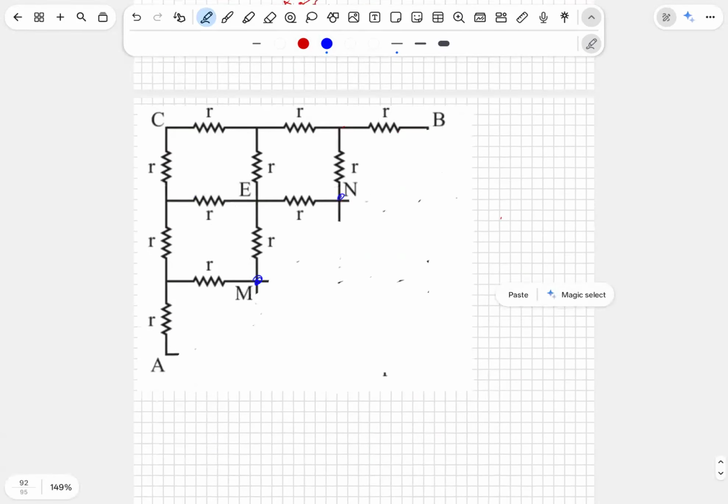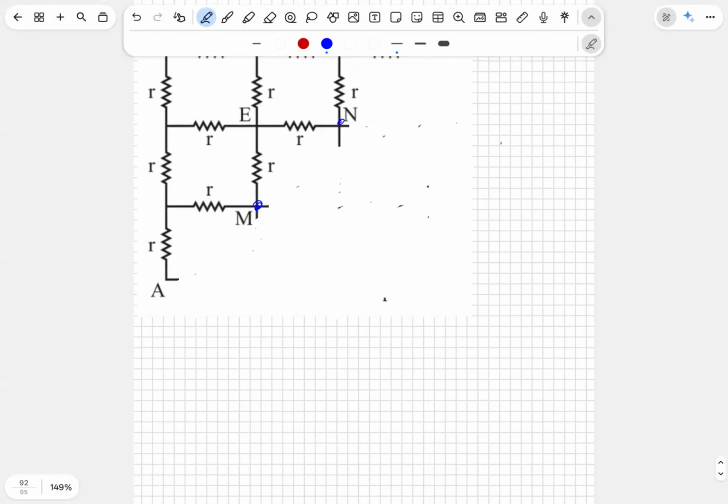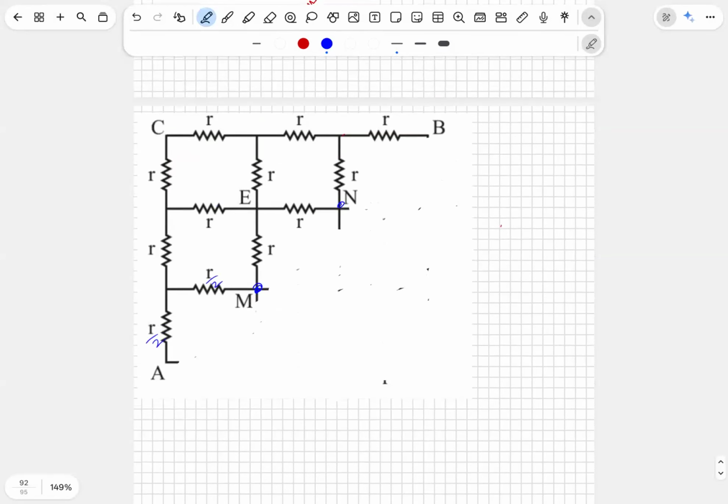Right, means R by 2, R by 2, R by 2, and so on. Now what is your problem? Now you are getting entering current here, exiting current like this.